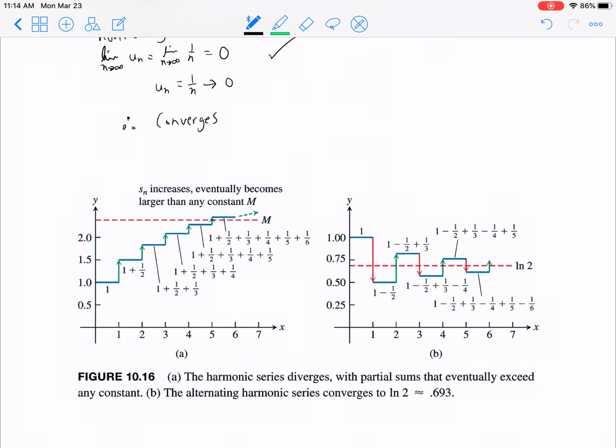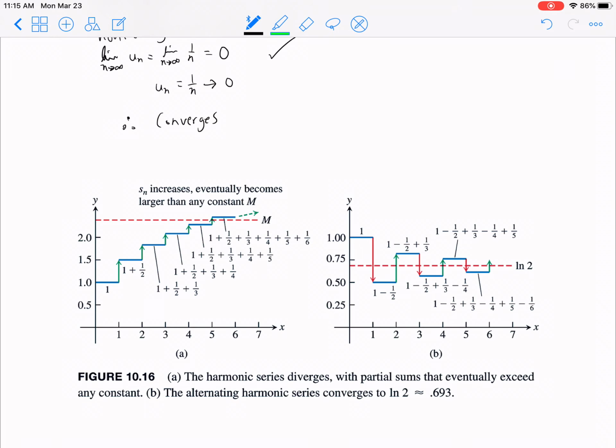So take a look at the pictures here. What you can see is sometimes this alternating series will converge even though the regular series does not. So if we look at this, the harmonic series diverges with partial sums that eventually exceed some value, right? But the alternating version of it here actually will start to converge because we're adding and then taking away and then adding and then taking away, and we can actually converge this down to a value.